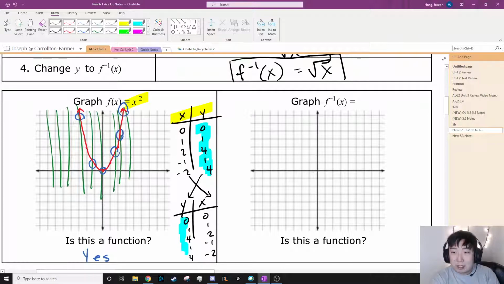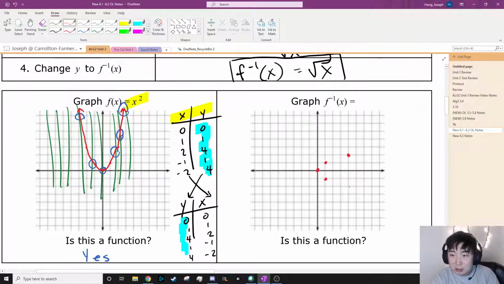So if I try to graph that, okay, let's use the red marker again. 1, 1. 1, -1. And then it becomes 4, 2, 2, 4.